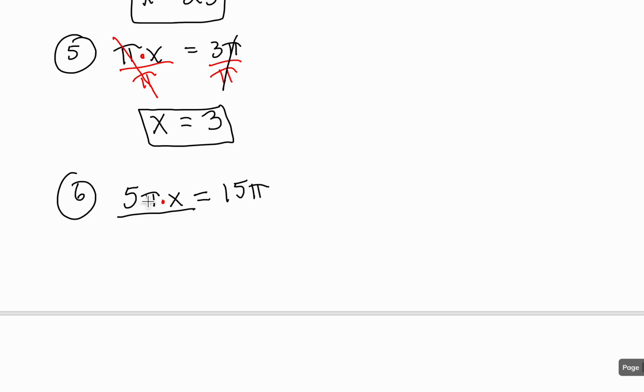So I'm multiplying by 5 pi, so I'm going to divide by 5 pi. And if I do it to one side, I have to do it to the other. Cancel the 5s out, cancel the pi's out. By canceling, I mean they're 1. 5 divided by 5 is 1. Pi divided by pi is 1. So x equals 3 pi.